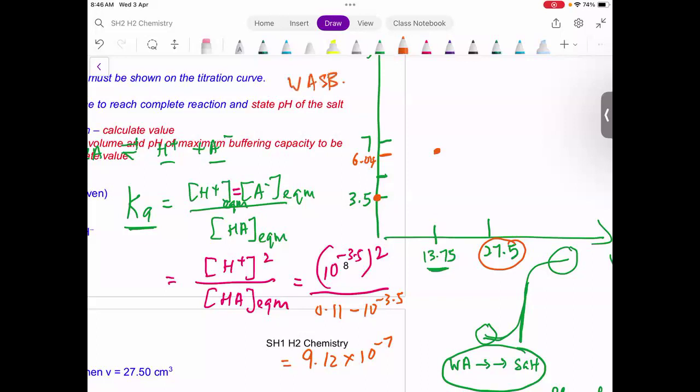So the midpoint pH will be higher than 7. Then I put a vertical line equal above and below this point. Remember, the pH of this salt is the midpoint of the steep change.